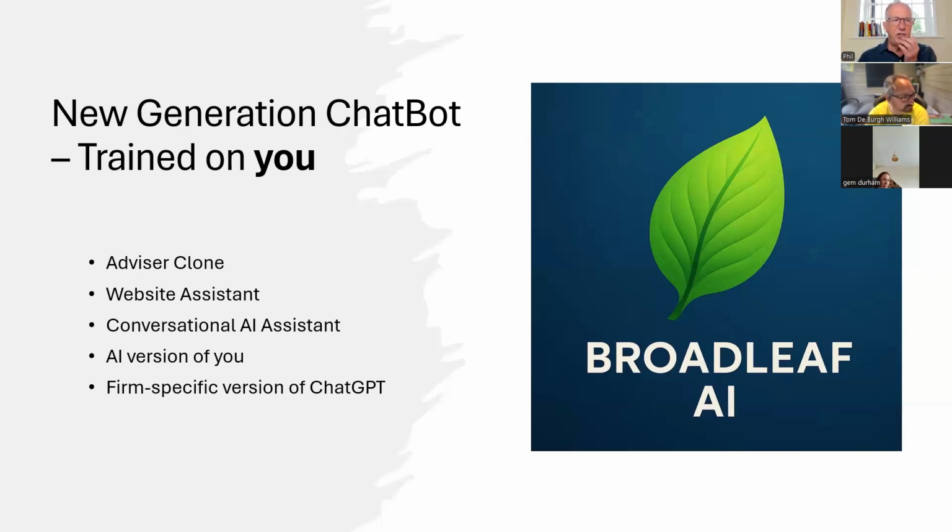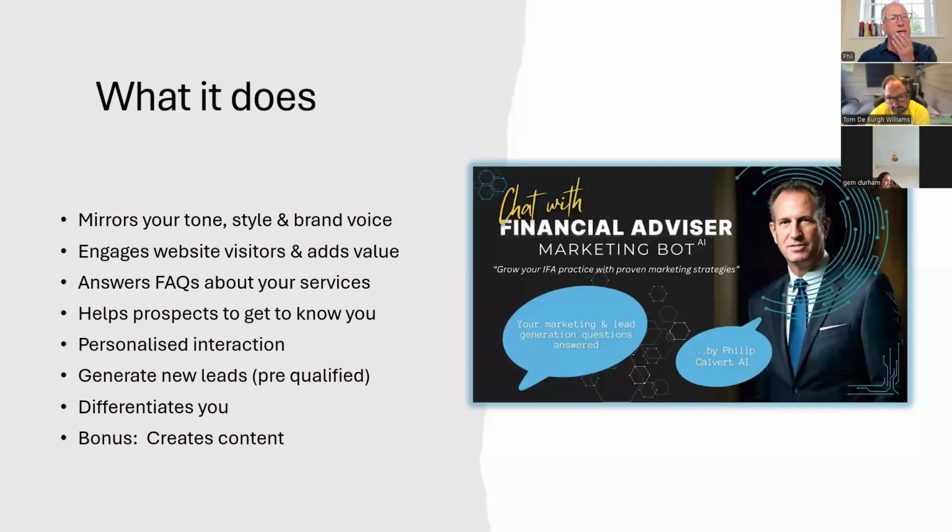So I've created this fictitious IFA firm called Broadleaf, and what we've done is created their own AI clone. Now, what it does is the clone, imagine ChatGPT, but it's trained on you. It's trained on your knowledge, your data, your website, your FAQs, any articles that you might have written, your LinkedIn, literally anything there is about you, we plug it into your firm specific version of ChatGPT.